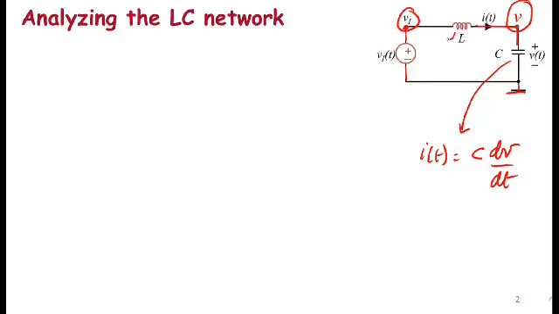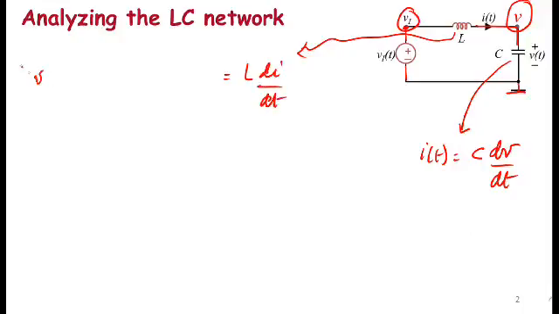I can do the same thing for the inductor. So what is the current through the inductor in terms of the node voltages? Recall for an inductor, the voltage across an inductor is related to L di/dt. The current through the inductor is I, and if the current is I, then the voltage across the inductor is L di/dt.